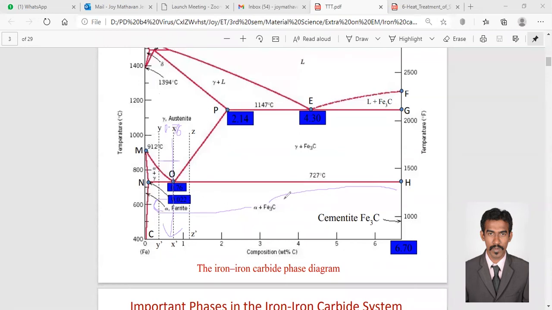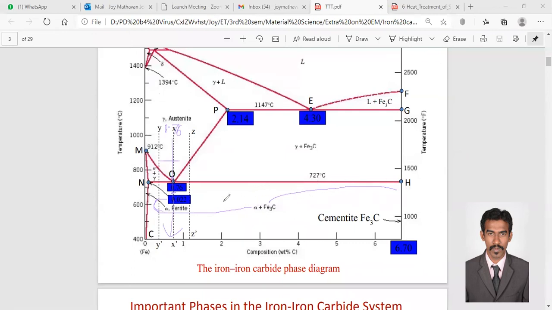That is 6.7. So these are the two boundaries. So gamma, that is the austenite state of Fe, having 0.76% of carbon, slightly above this point, is turning into, slightly below this point, alpha ferrite having 0.022% of carbon and Fe3C of 6.7%.